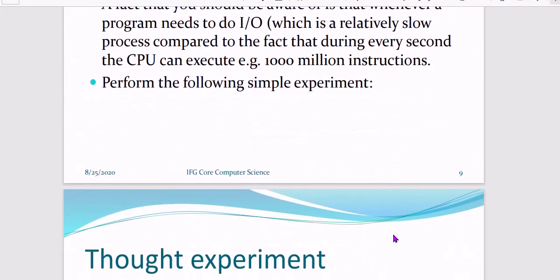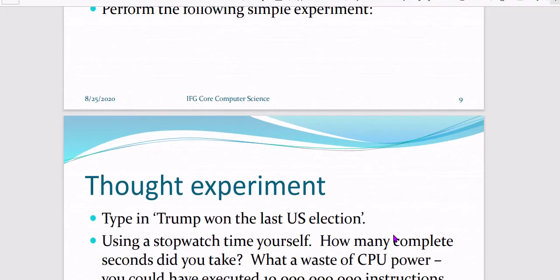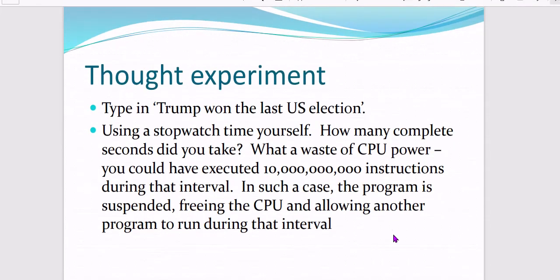And let's perform the following simple experiment. Type in the sentence, Trump won the last US election. I'm not talking about the November election. I'm not talking about the 2019 election, 2017 election. God. Using a stopwatch, time yourself. And how many complete seconds did typing that take?